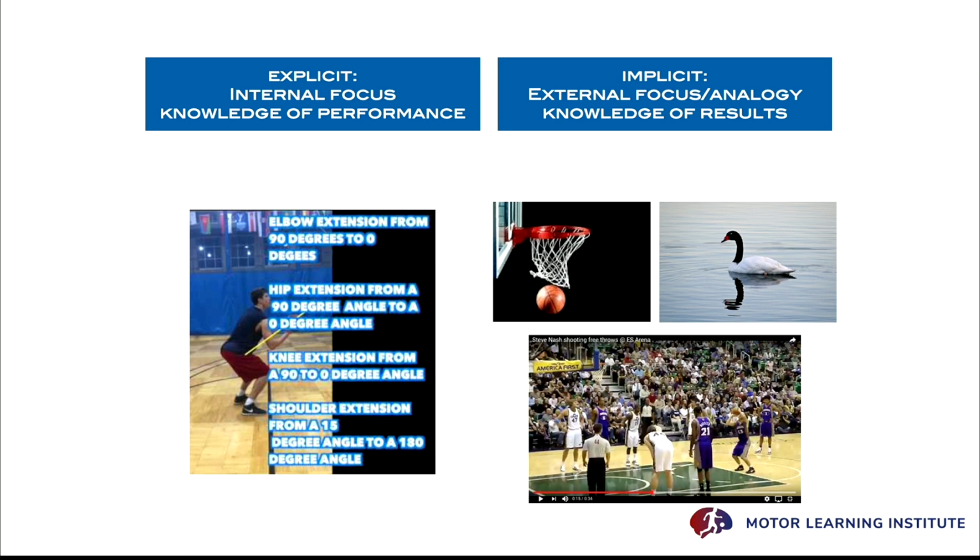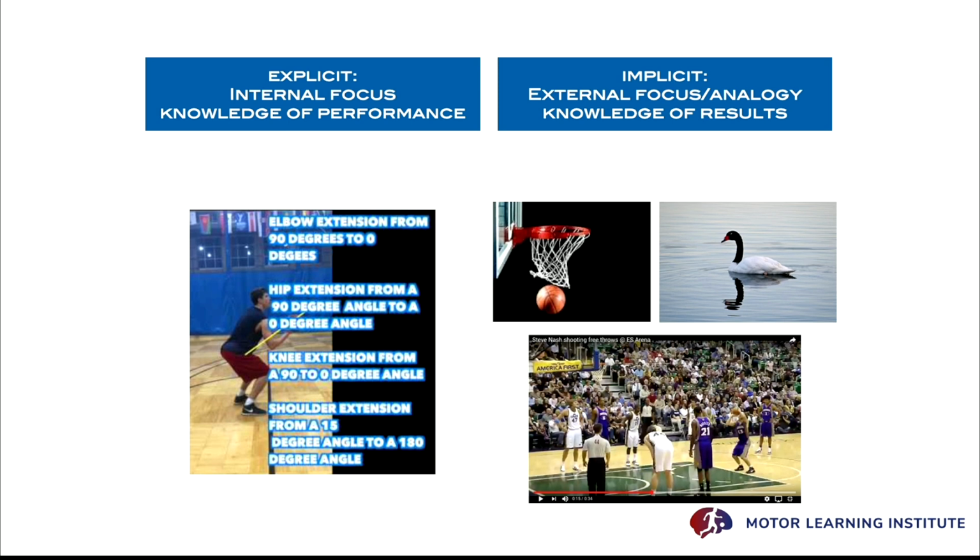Also, copy the movement of another player who's doing it better than the patient. Works really well. You just give the instruction, copy the movement that you're seeing, and then again the patient has the opportunity to self-solve this problem: okay, how am I going to copy this body movement?